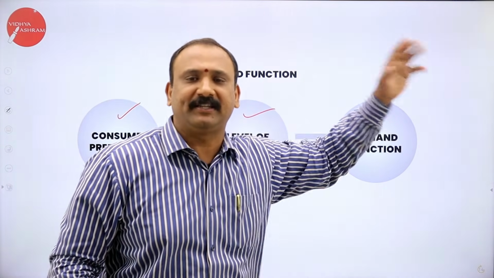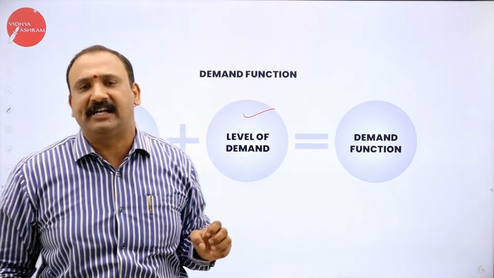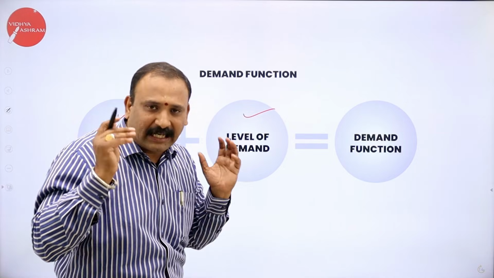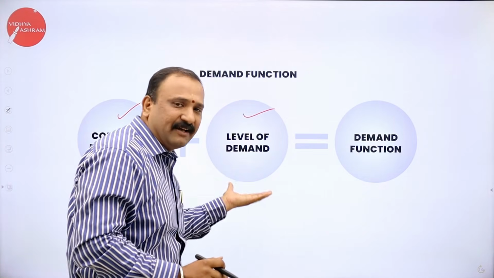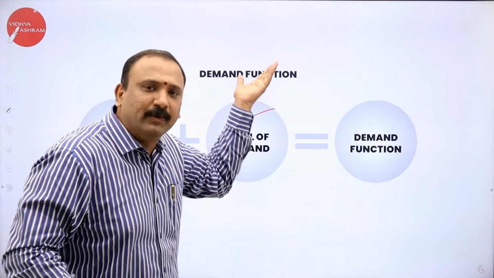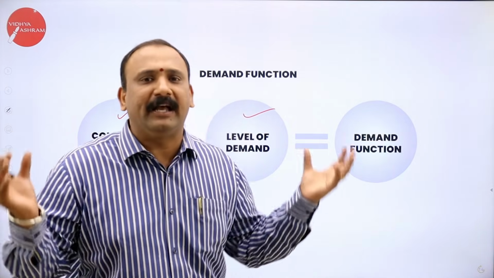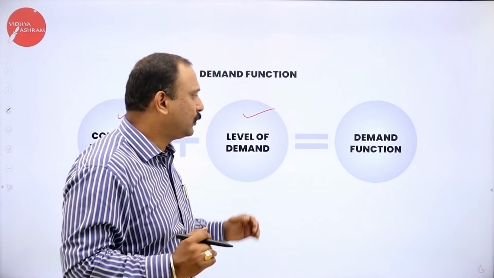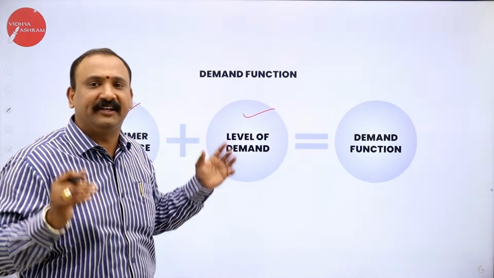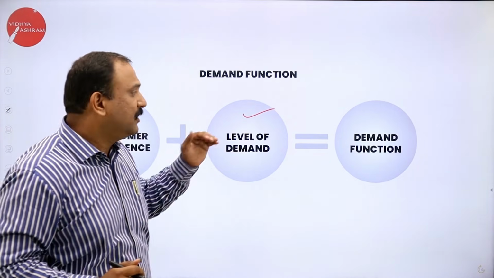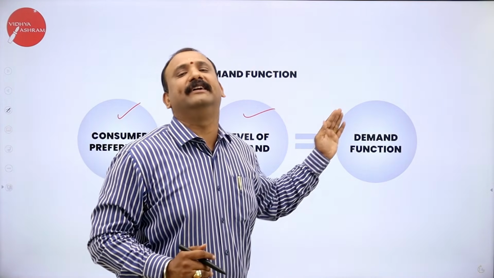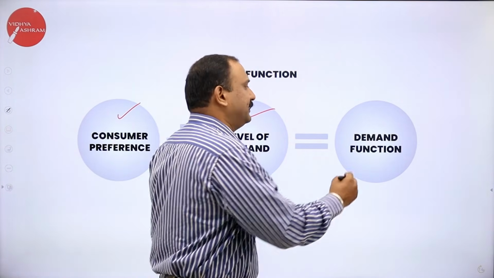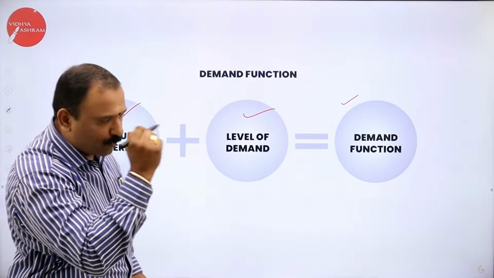Will the consumer think that this is what I exactly want? Automatically, when the choice is made, the levels of demand towards that product will start increasing. There will be a lot of accumulation altogether, preference altogether, functionality altogether, which will constitute the final demand function for that particular product.